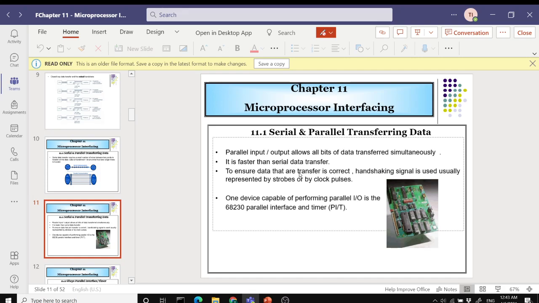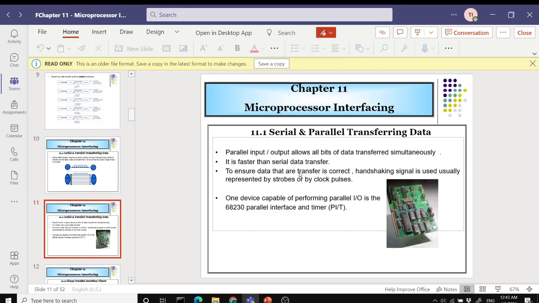The mode of transferring data using parallel communication is faster, but we are talking about 68K. This is technology that existed 40 years ago. During that time, yes, the parallel mode of transferring data was faster, but currently the serial mode of transferring data is also fast.